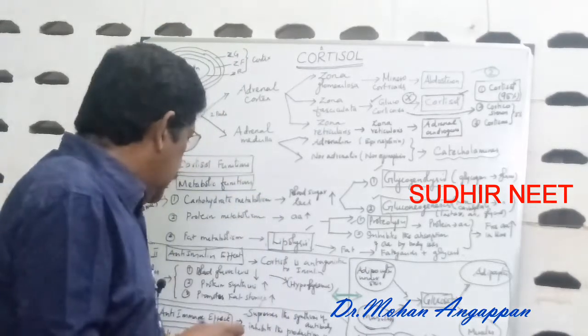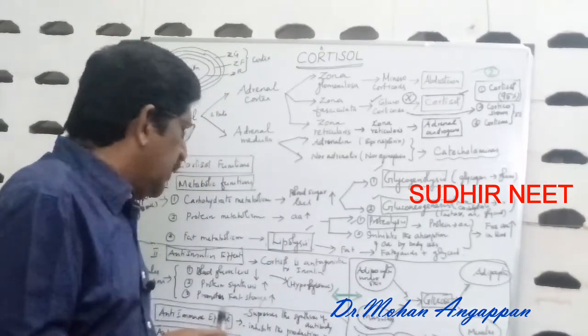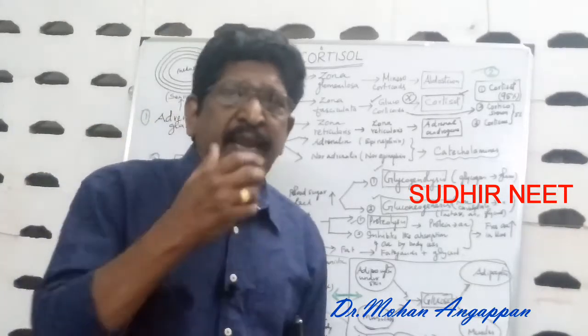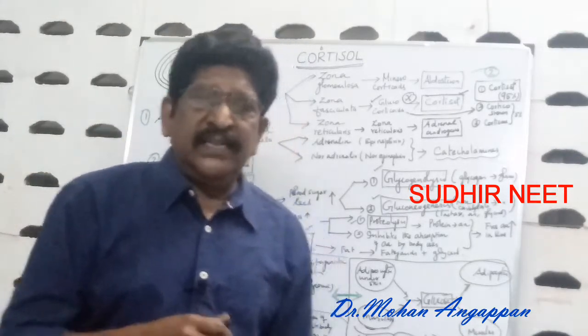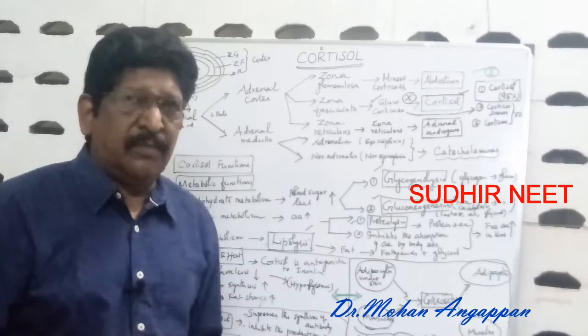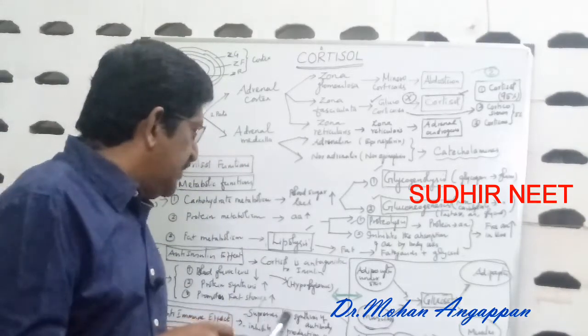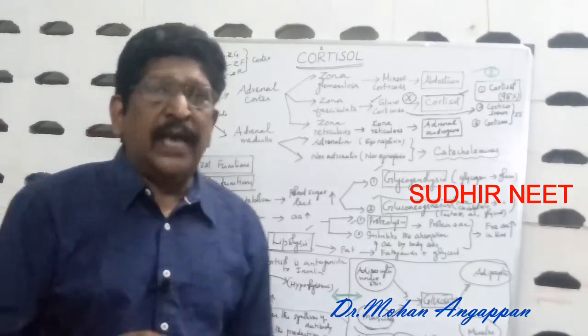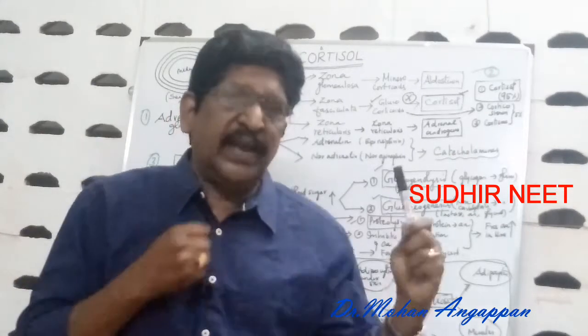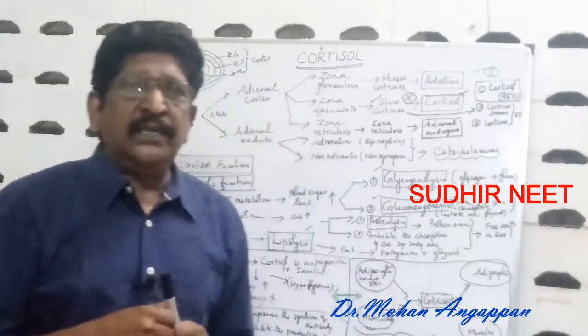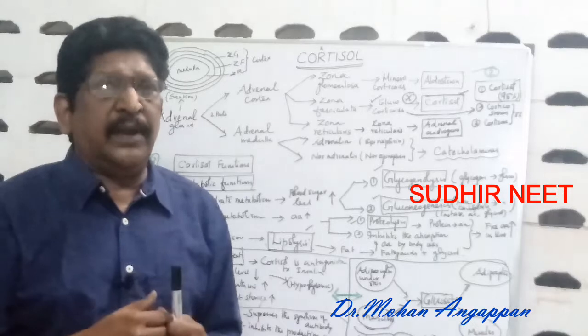That is the next point here. Anti-immune effect. It has an anti-immune effect. It suppresses the immune system of our body. It suppresses the synthesis of the antibody. So antibodies are responsible for fighting against foreign bodies to produce immunity in our body.